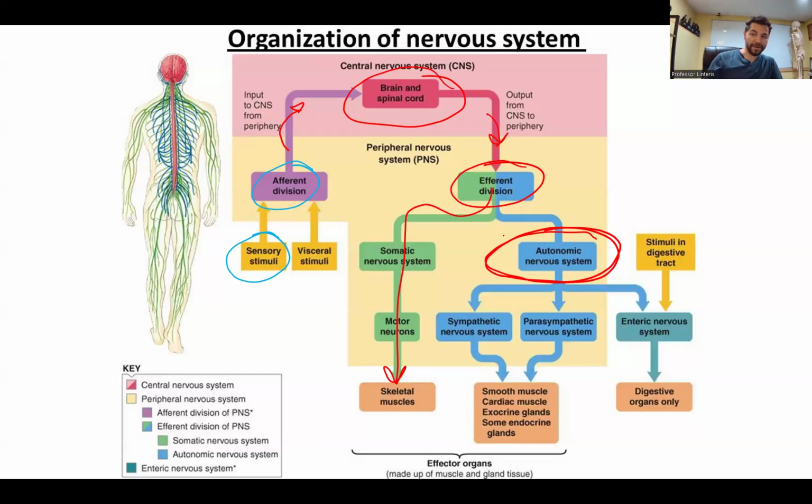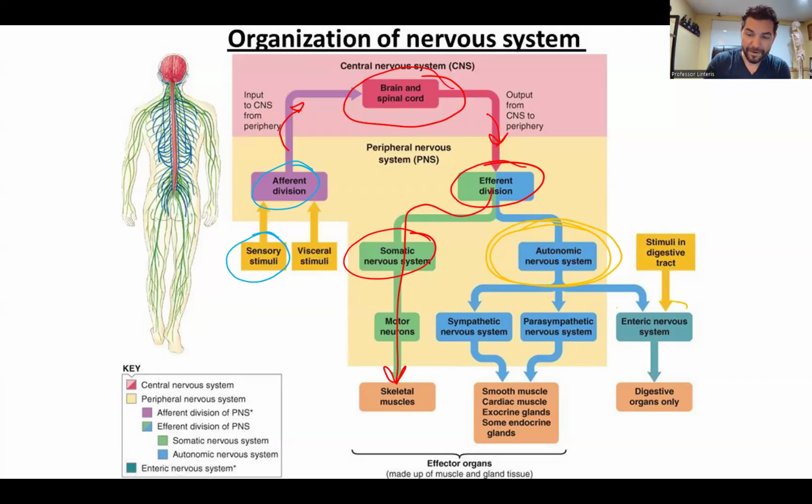That motor that we talked about with the spinal cord, and we'll talk about in more detail with the brain, how we control muscles, that's somatic, that's voluntary. We can choose that movement. The autonomic happens automatically.